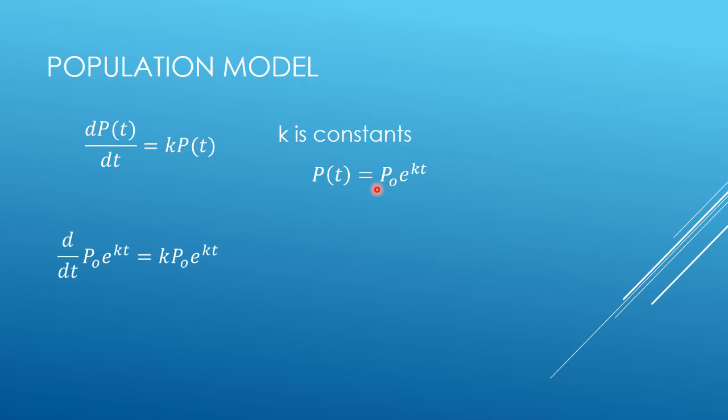And I'm going to take that and plug that back in for both P's here. So I'll put it here and I'll put it here. I need to take the derivative of this side. And if I do take the derivative, I get this. And this makes the left-hand side of the equation equal to the right-hand side of the equation. The k's will cancel, everything cancels, and we get 1 equals 1. And it is a solution to the population model.